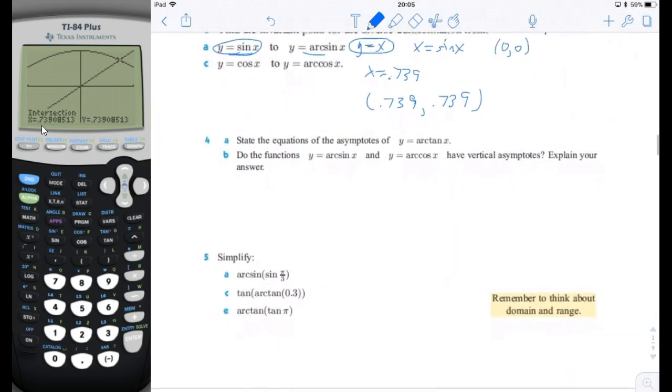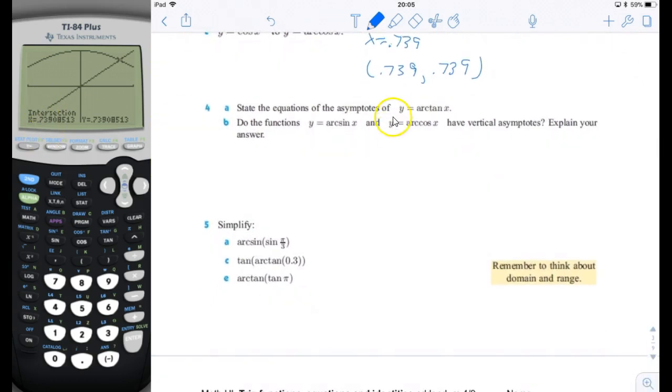Okay. Number 4, state the equations of the asymptotes of y equals arctangent of x. Okay, so we know that for y equals tangent of x, the asymptotes are going to be x equals pi over 2 and negative pi over 2, and all the multiples of pi added to these, okay?